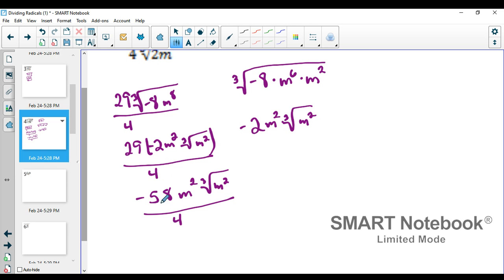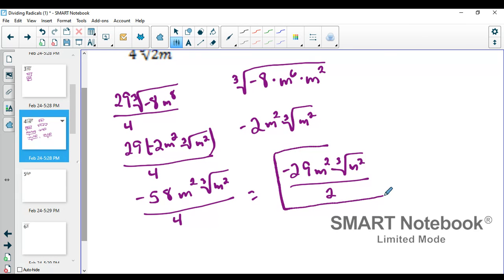And then we can simplify now negative 58 over 4 because they're both even. So our final answer is negative 29 m squared cube root of m squared over 2. And there we go.